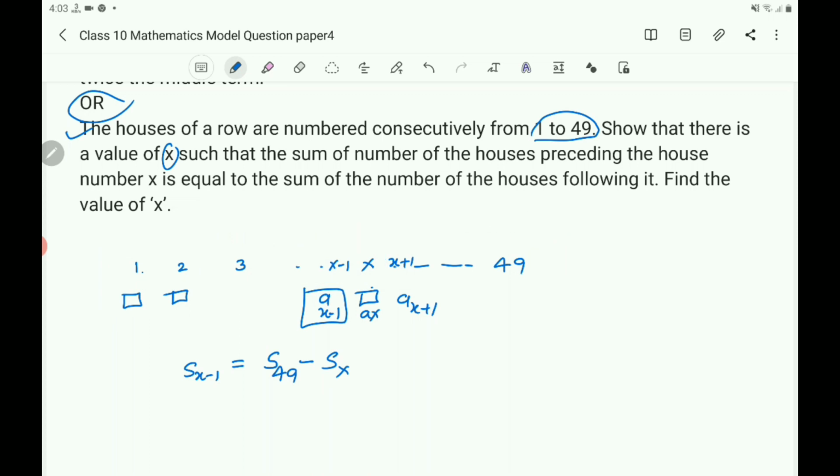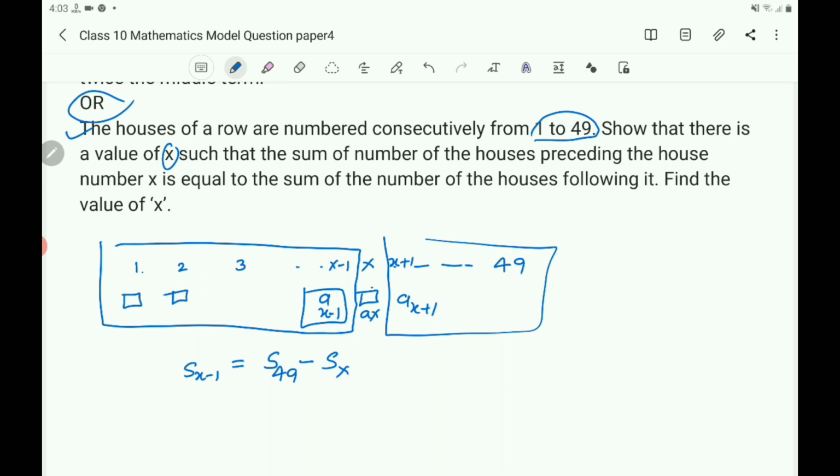Here once again let us discuss. Totally there are 49 houses numbered from 1 to 49, and x is a certain number such that the sum of the numbers of the houses preceding x, that is the sum of the numbers from 1 to x minus 1, is equal to the sum of the numbers of the houses following it, that is after x.